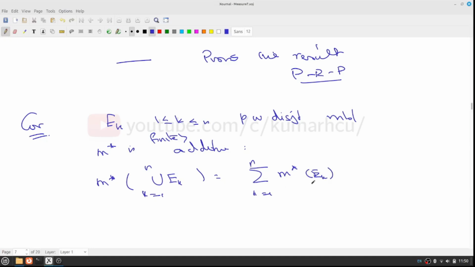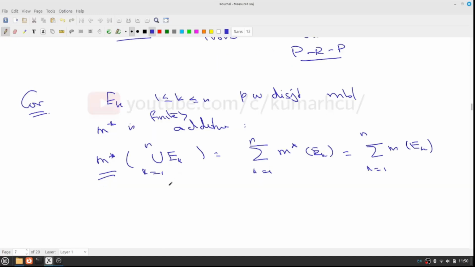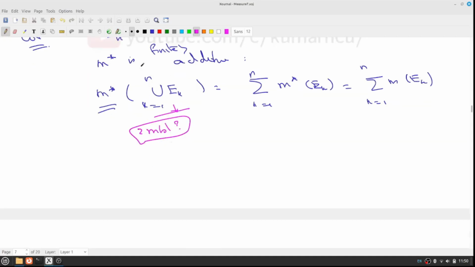Since these are all measurable, m star of E_k is nothing other than m of E_k. Remember, my measure m is the restriction of m star to measurable sets. But here it is still m star, because I do not know whether the union is measurable. Measurability of this is not clear. That's why we have to put m star. The proof is easy.